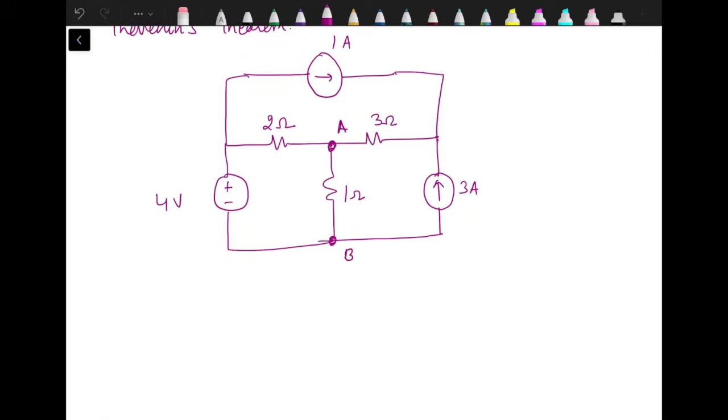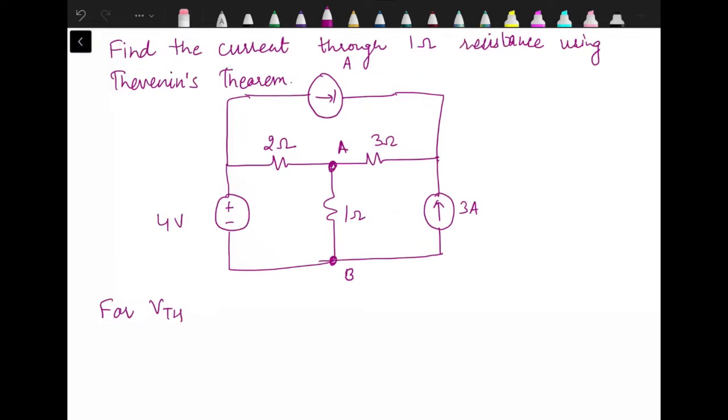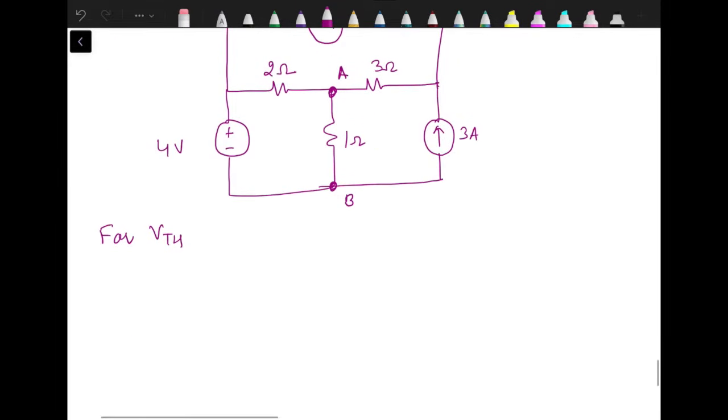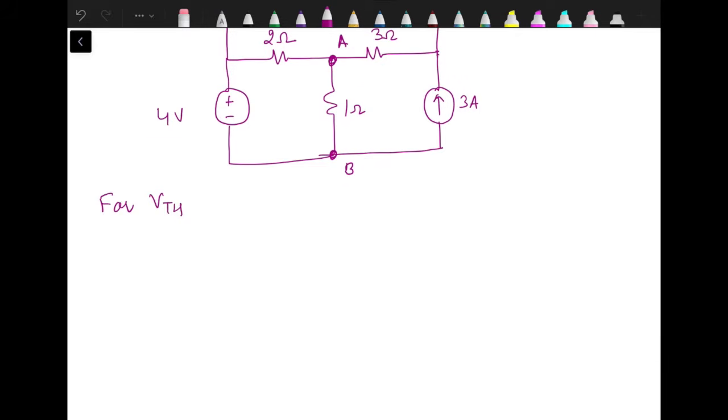For finding VTH, we need to redraw the circuit again. So when we redraw the circuit, here we have 1 ampere source, 2 ohm resistance, 3 ohm resistance.